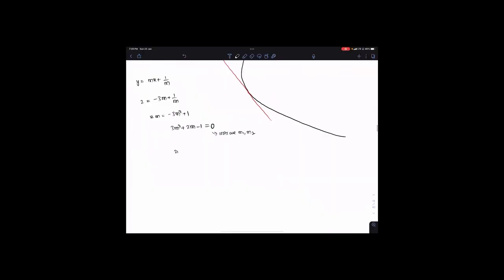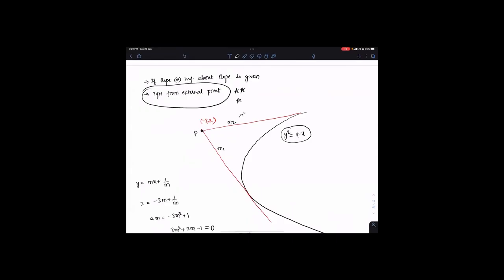Like 3m square plus 3m minus m minus 1 equals 0. So 3m into m plus 1 minus of m plus 1 equals 0. You'll get m equals 1 by 3 or minus 1. So one tangent slope is 1 by 3, and one tangent slope is minus 1. So that is the main use of the slope form.